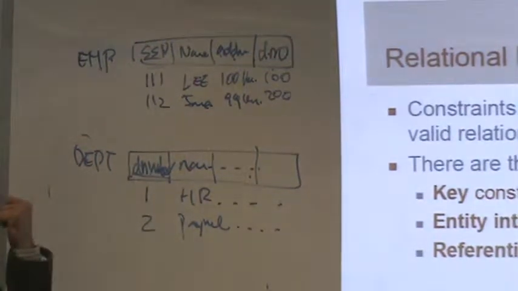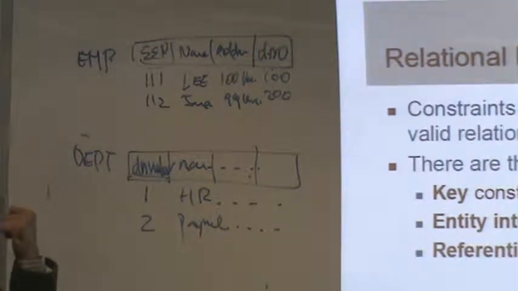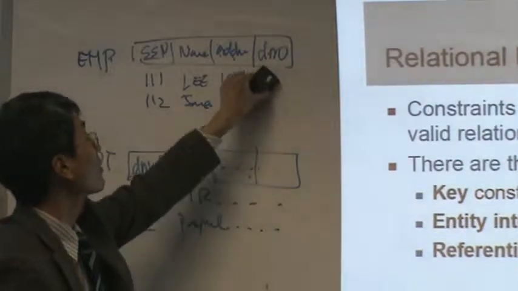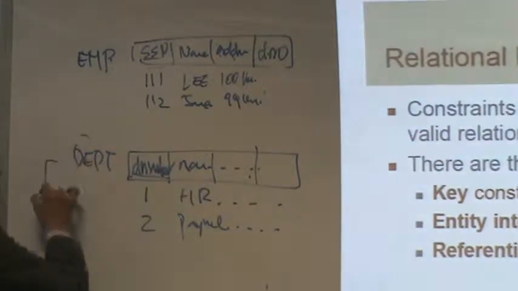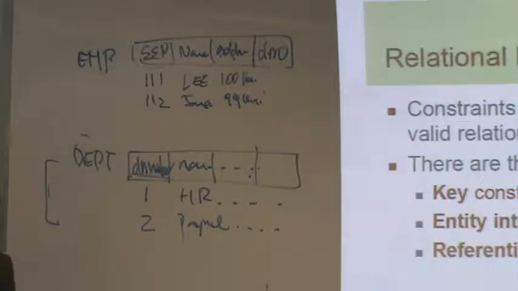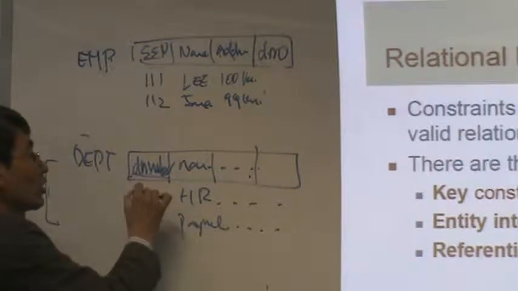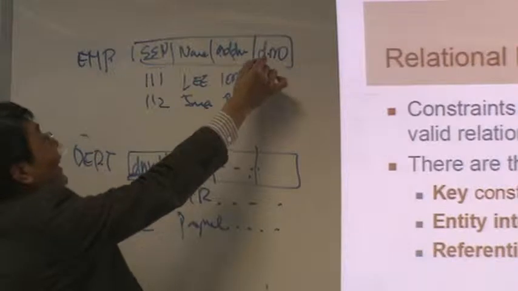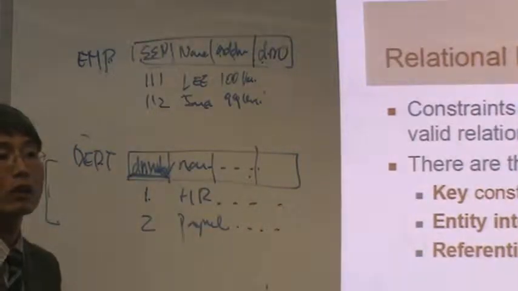So do you think it's okay? Actually not, because this employee should work within one of these departments. To address that, you need to check the D number of the department for the DNO of the employee.